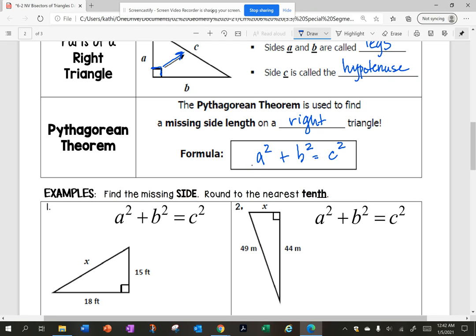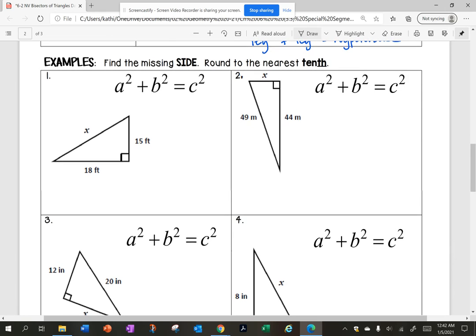So it is leg squared plus my other leg squared equals the hypotenuse squared. And the hypotenuse is always the longest side. Okay, we're going to be working with right triangles for quite a bit, so I need to know how to use the Pythagorean theorem very easily.